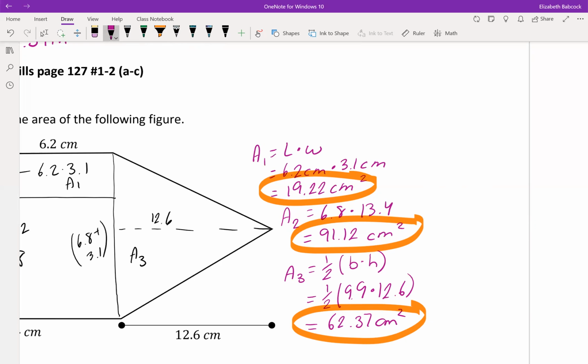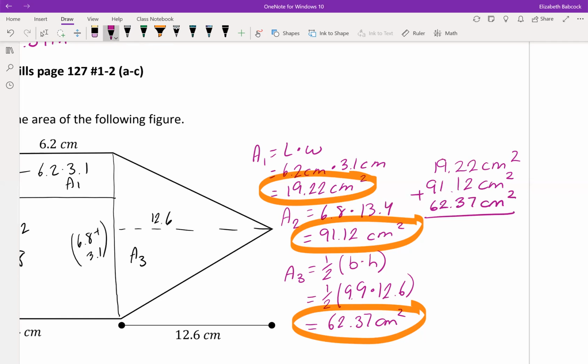So to do that, we would take our numbers and add them together. So 19.22 centimeters squared, 91.12 centimeters squared, and 62.37 centimeters squared.